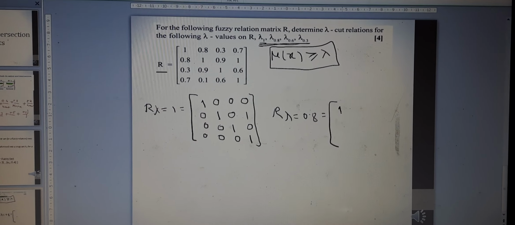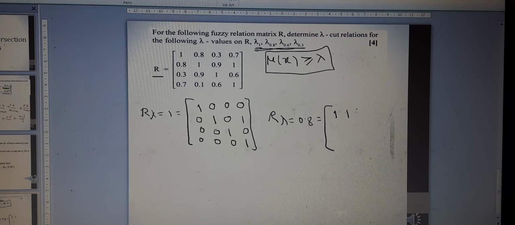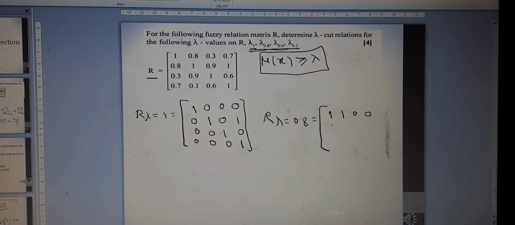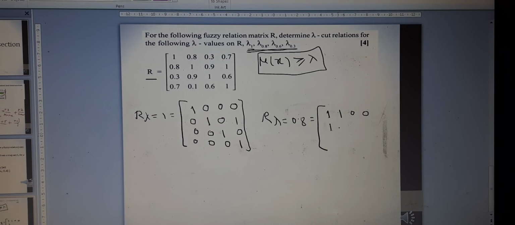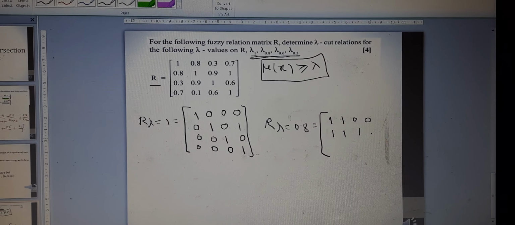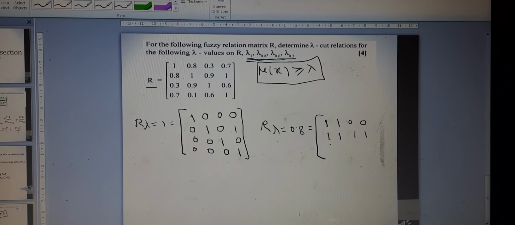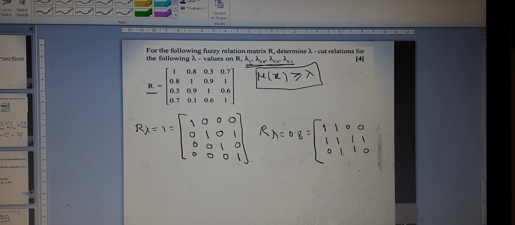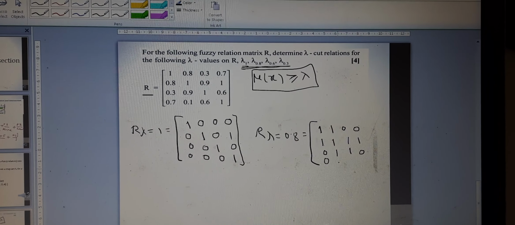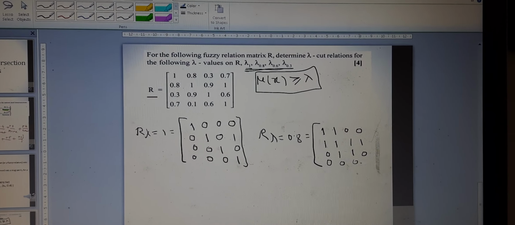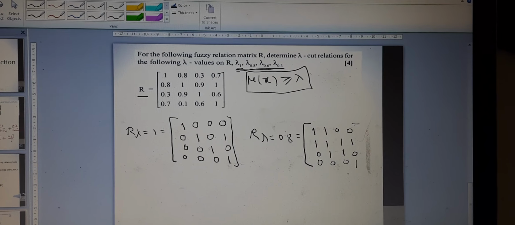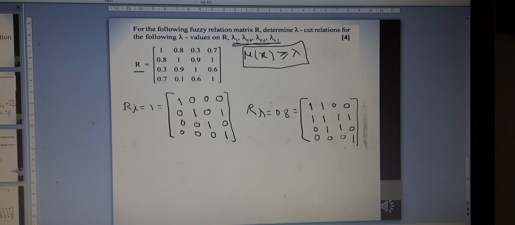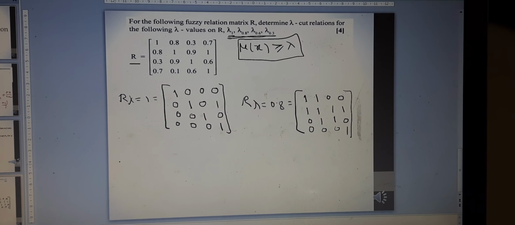So let's start. 1 yes, 0.8 yes, 0.3 no, 0.7 no, 0.8 yes, 1 yes, 0.9 yes, 1 yes, 0.3 no, 0.9 yes, 1 yes, 0.6 no, 0.7 no, 0.1 no, 0.6 no, 1 yes. So we have considered all those values which are greater than or equal to 0.8.